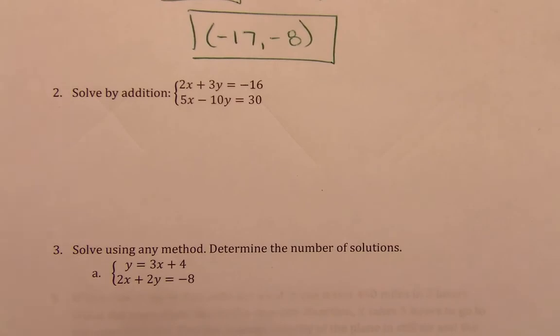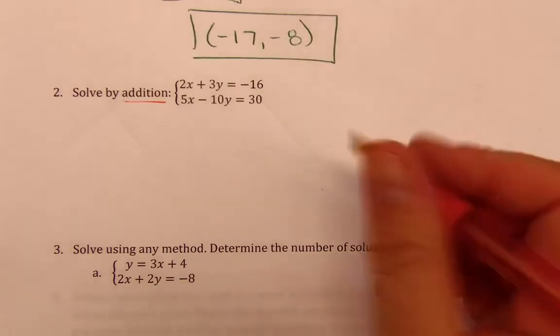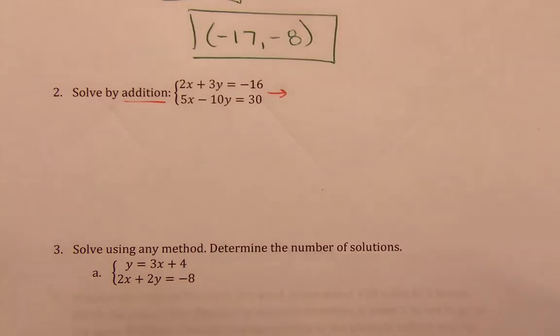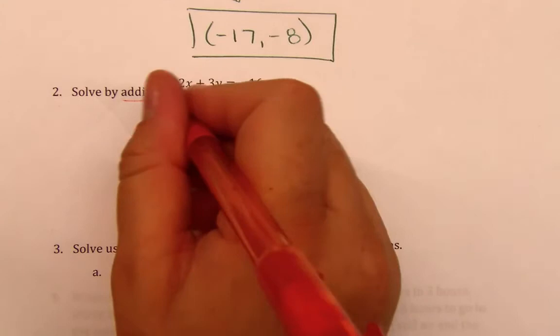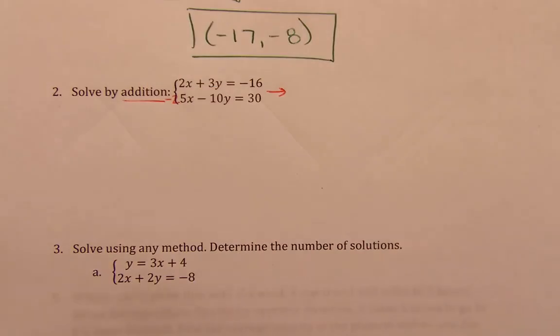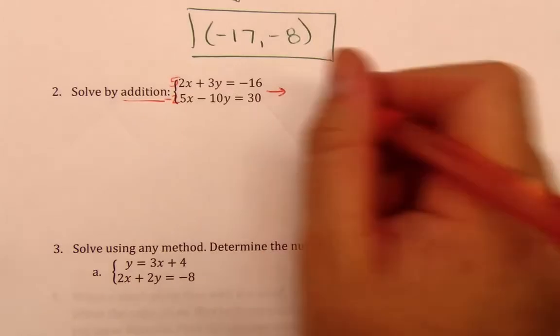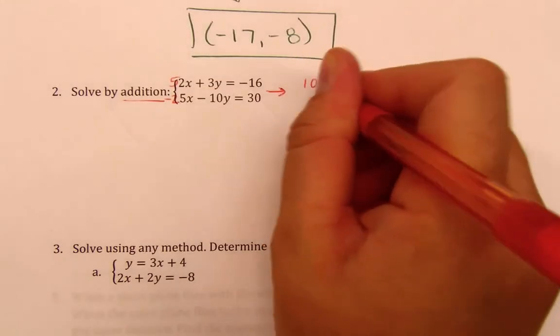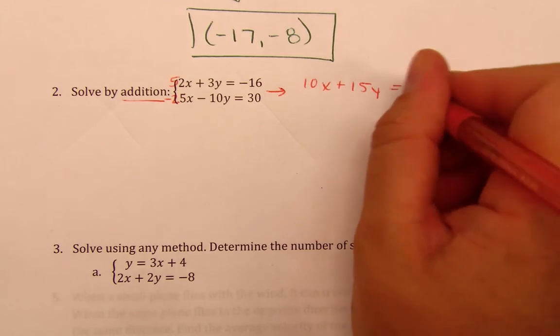Let's look at the next example here. Now it says to solve using the addition method. Unfortunately, I don't have any of these numbers that are the same. What I can do here is multiply the bottom equation by -2, and multiply the top equation by 5. And that'll give me 10x plus 15y equals -80.